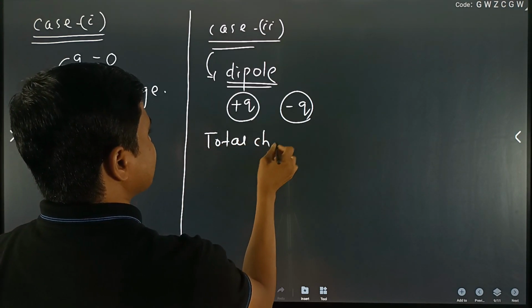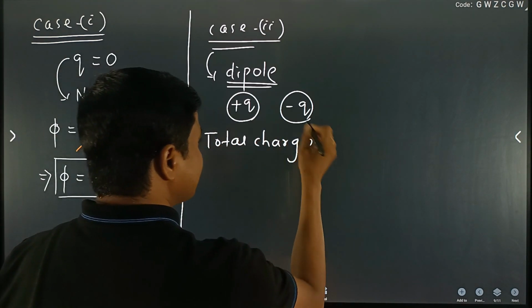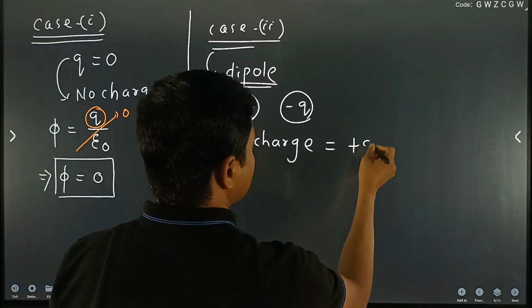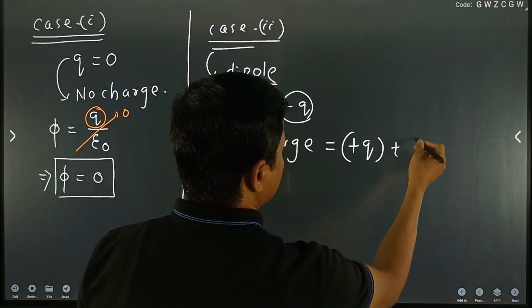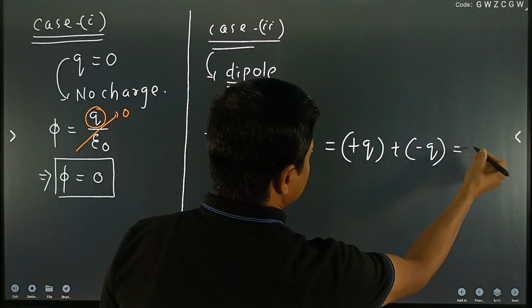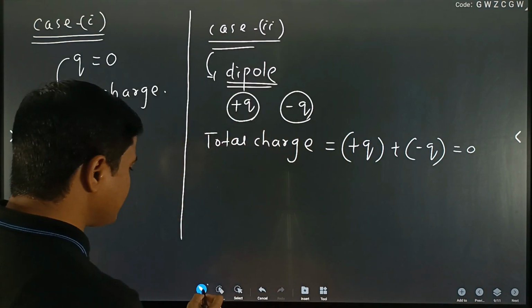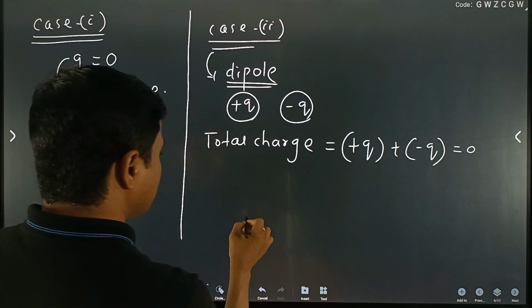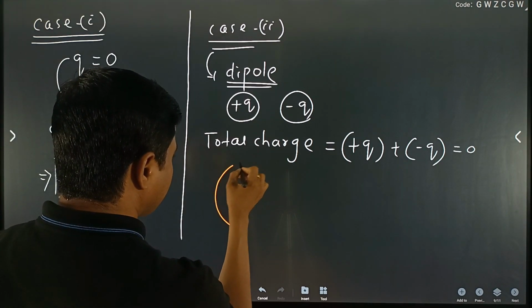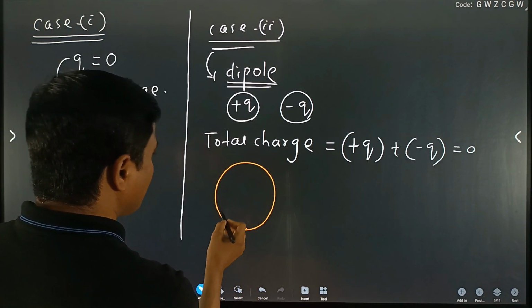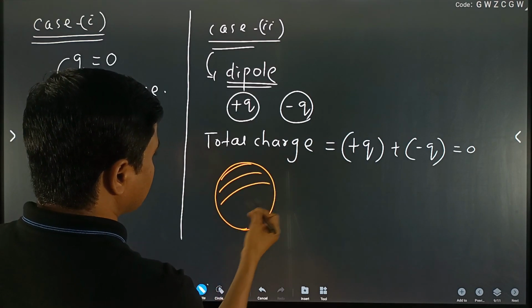Total charge inside the closed surface is equal to plus Q plus minus Q, that is 0. That means if a dipole is situated inside the closed surface, suppose this one is a closed spherical surface.